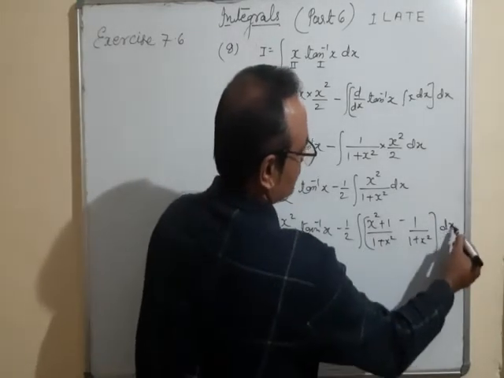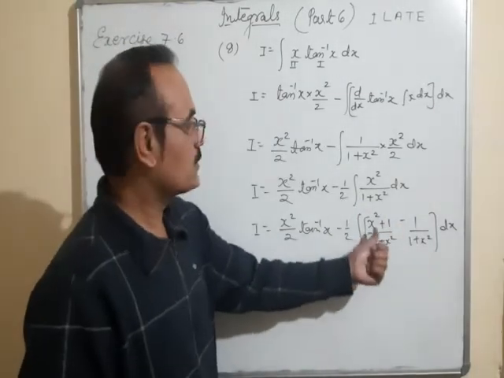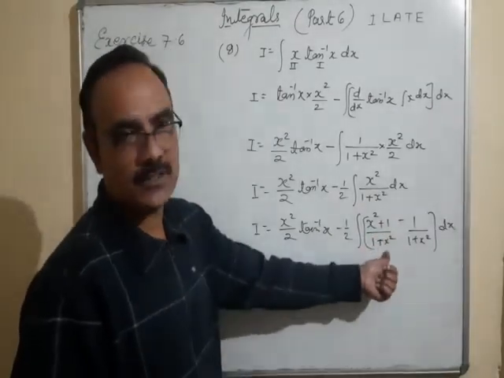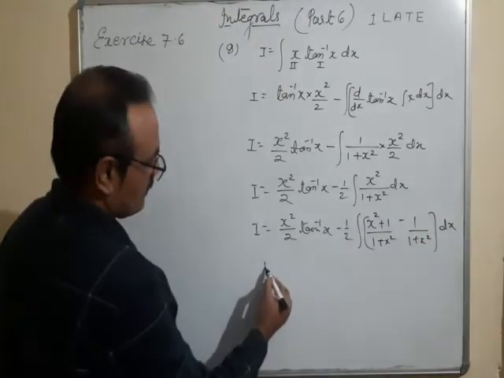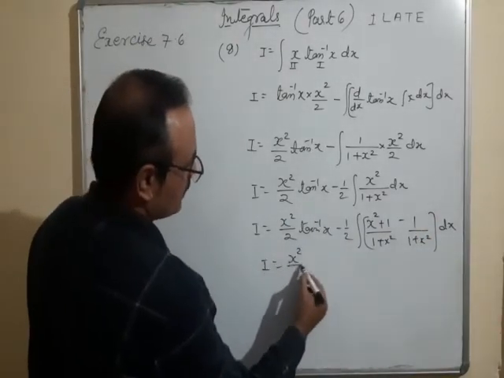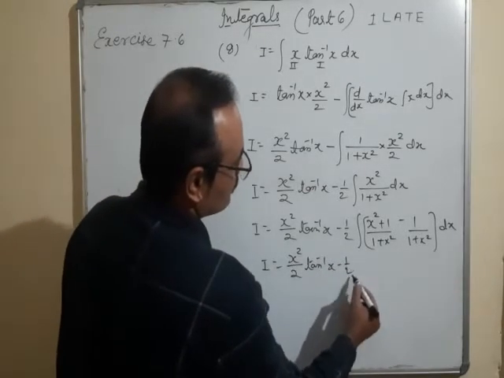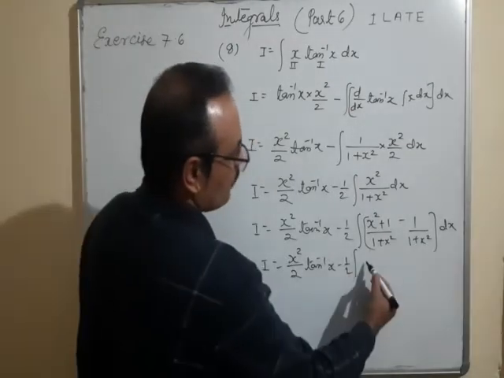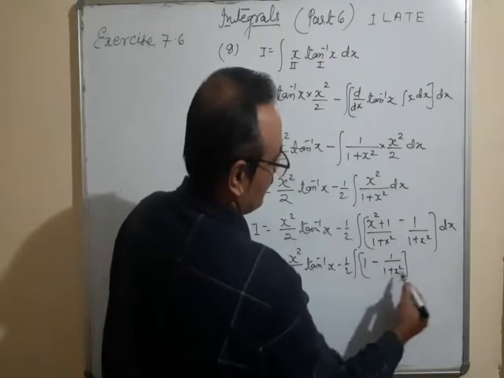Can we write like that? x square plus 1 minus 1. Why have we done plus 1 minus 1? So that x square plus 1 will be cancelled by x square plus 1, and here the numerator term is a constant term. I is equal to x square upon 2 tan inverse x minus 1 upon 2 integration of 1 minus 1 upon 1 plus x square dx.